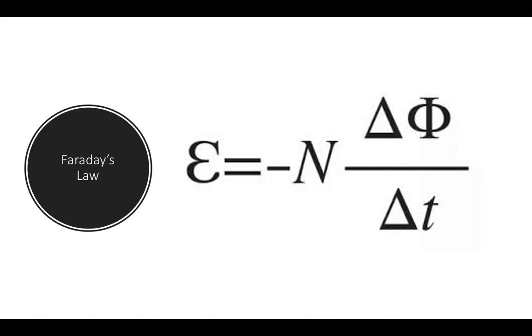So back to Faraday's law, which is symbolized by the epsilon, the fancy Greek E. All that is saying is that anytime we have a change in our magnetic flux given by the delta phi, we can also find the induced current, or epsilon E, when we figure out that component along with the change over time, the delta t, and the number of coils that we have in our system, that is going to be carrying that induced current, given by N. And we could leave it at that and we would have our equation.